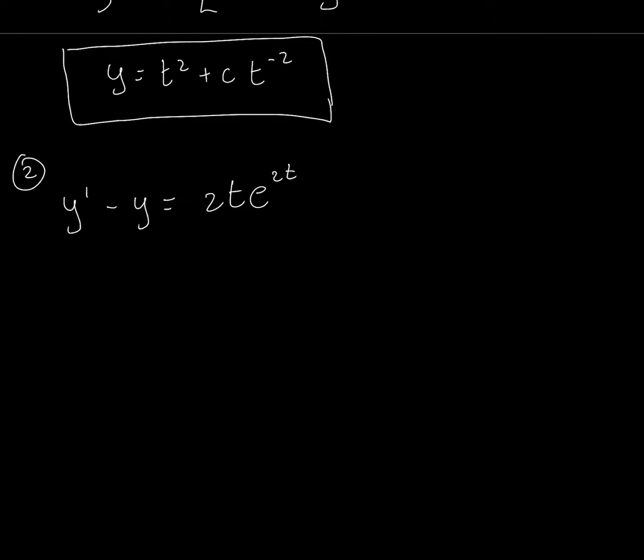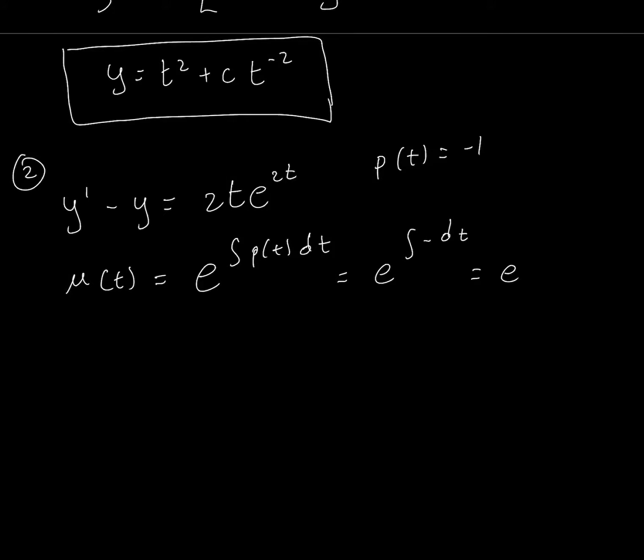We just jump directly into finding mu of t. Mu of t is equal to e to the integral of p(t) dt, right? In here p of t is just negative 1, so we get e to the integral of minus dt, and this is just e to the negative t. So we found our solution for mu of t.